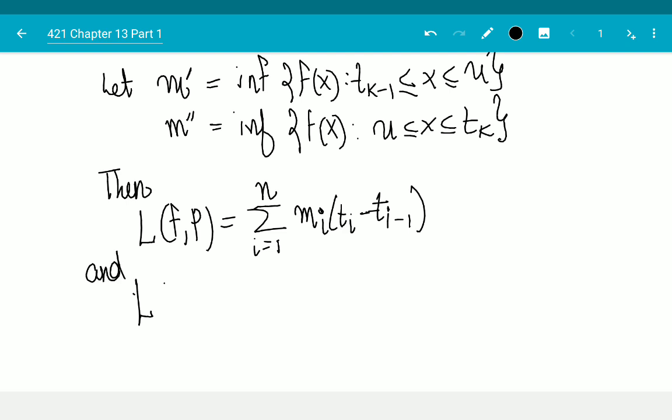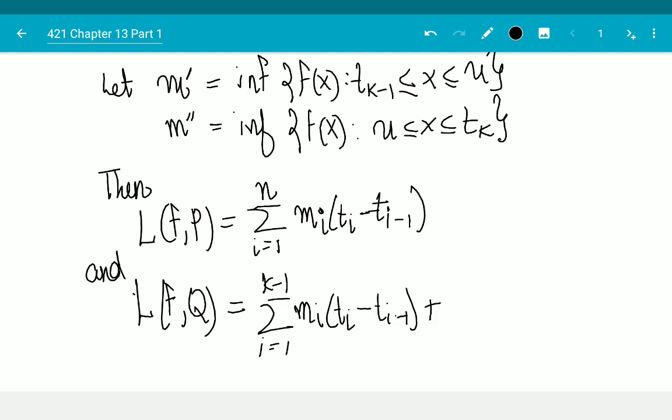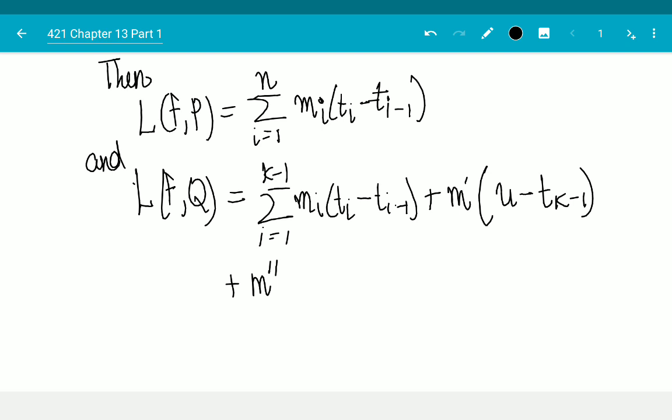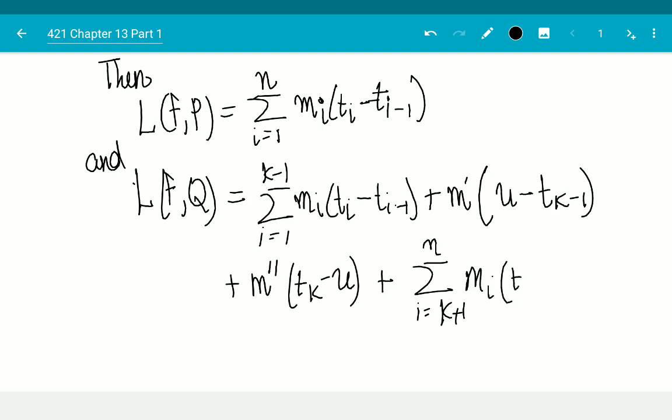And L f comma Q is equal to the summation from i equal to 1 to k minus 1 of mi times ti minus ti minus 1, plus, on the interval, M prime times U minus Tk minus 1, plus M double prime times Tk minus U, plus the summation from i equal to k plus 1 to n of mi times ti minus ti minus 1, right?